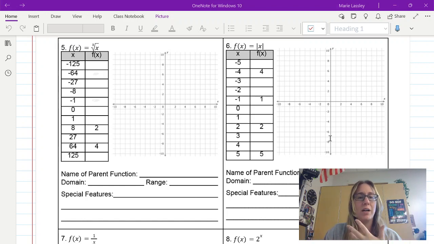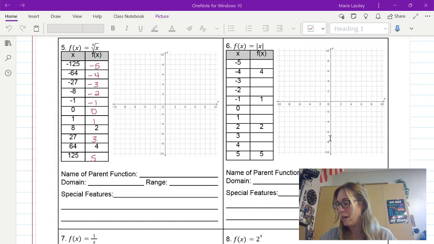You can cube root a negative number, because remember, if you look at the x cubed function right above this, you do get negatives when you cube negative numbers. So filling in our chart, for negative 125, we get negative 5. For negative 64, we get negative 4, then negative 3, negative 2, negative 1, 0, 1, 3, 4, 5.